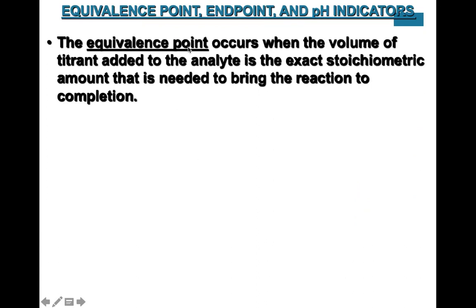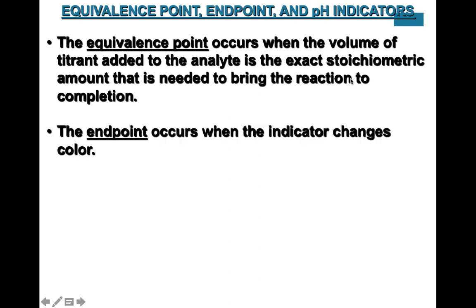The equivalence point occurs when the moles of the acid and the moles of the base are equivalent according to the mole ratio. If it's 1 to 1, then the moles would be equal. If it's 1 to 2, then the moles would be equal based on double the amount of moles of one of them, depending.